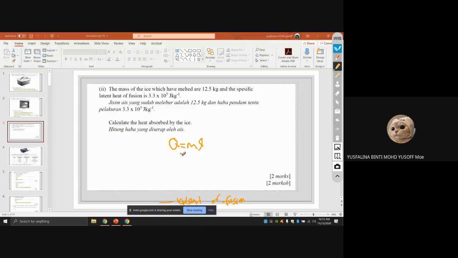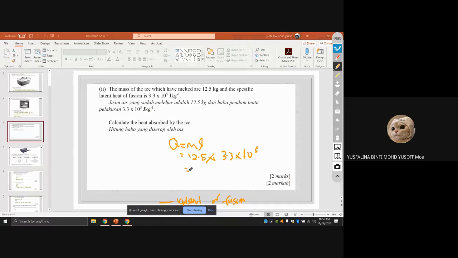Q is the quantity of heat needed by the ice to convert from solid to liquid. The m is 12.5, and the l is already given here, 3.3 times 10 to the power of 5.